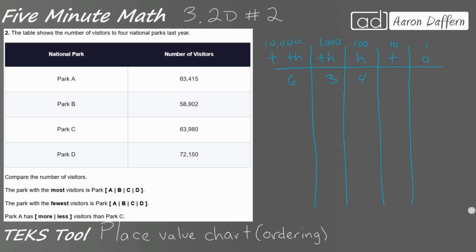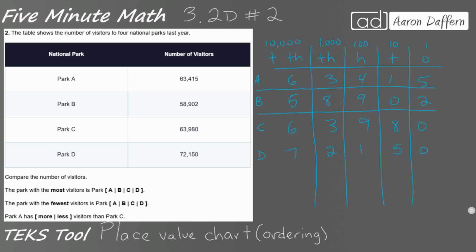So 63,415, 58,902, 63,980, and then 72,150. And let's go ahead and label these as Park A, Park B, Park C, and Park D. We'll draw some lines to separate them.